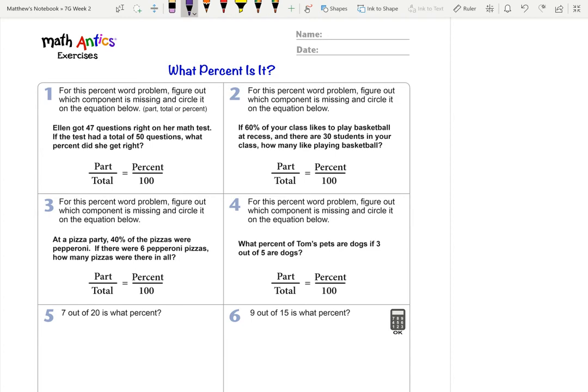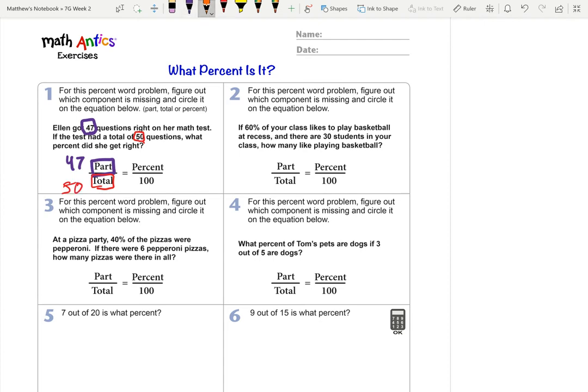It says Ellen got 47 questions right on her math test. If the test had 50 total questions, what percent did she get right? Okay, so we have our part here in purple, 47 questions right, out of our total of 50 questions that were asked.